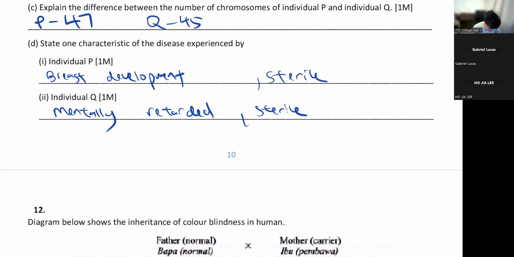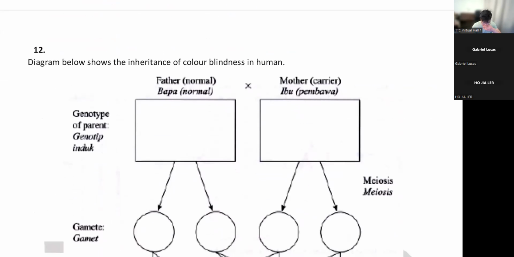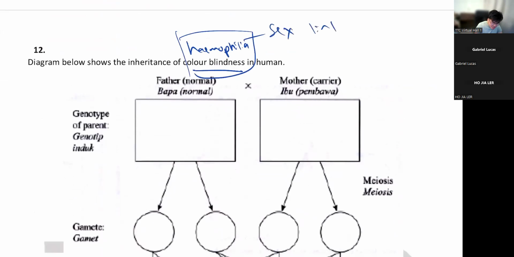So let me finish question 12 as well. I don't know whether you did this. So color blindness and one more, which is hemophilia. If you still remember, we call them your sex-linked disease. Do you remember what is your sex link? That means they are tied to your X chromosome.